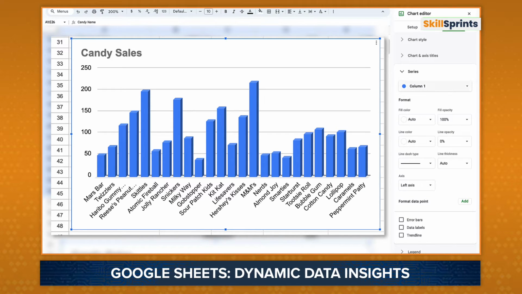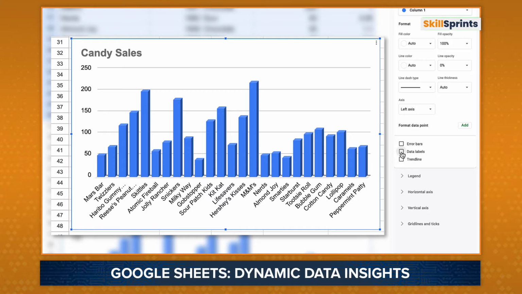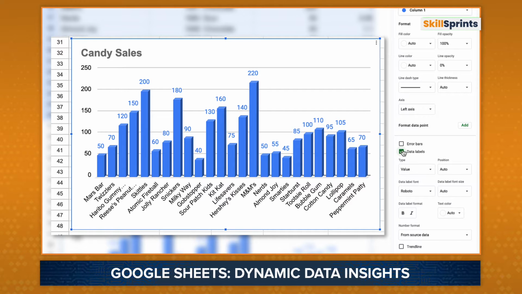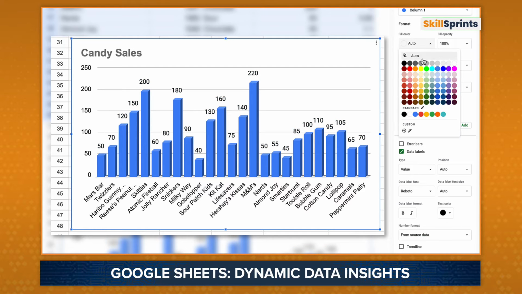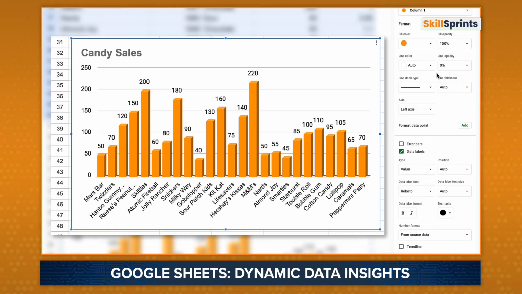We can change how our series are represented. In this case, we just have one series, which is the column. We can, for example, add data labels and style those. We can change the color of our bars and a number of other elements like opacity.